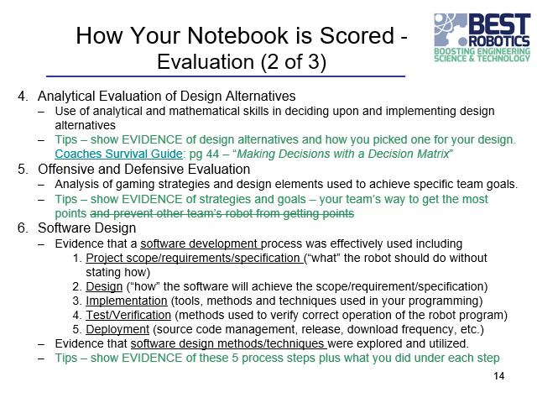Coach's survival guide. And on page 44, it talks about making a decision with a decision matrix. A decision matrix is an excellent analytical tool that helps you clearly express how you evaluated your alternatives.